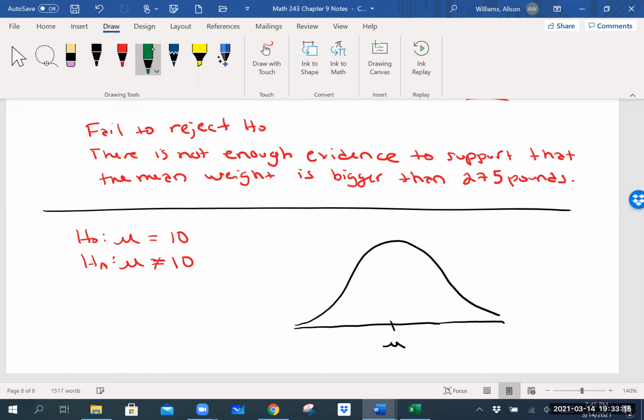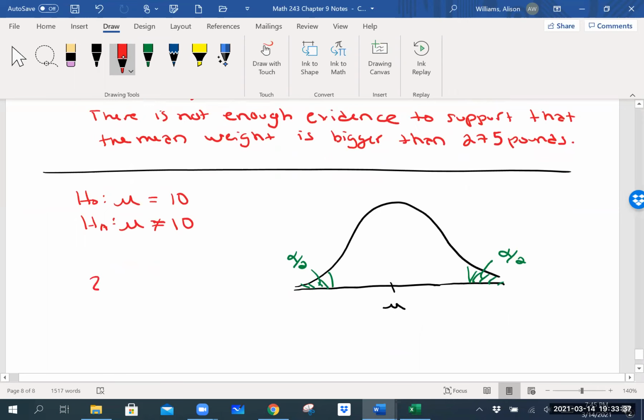Good as new. Okay, so in this case, because it could be above or below, alpha is cut in half because it's being split between two tails. Now, that doesn't mean very much to us, except it is going to make one distinction for a two-tailed test. Let's say we go look up a z-score.